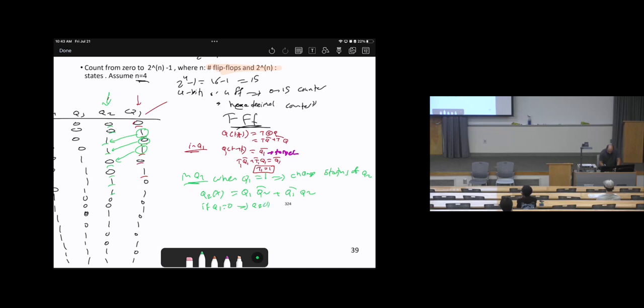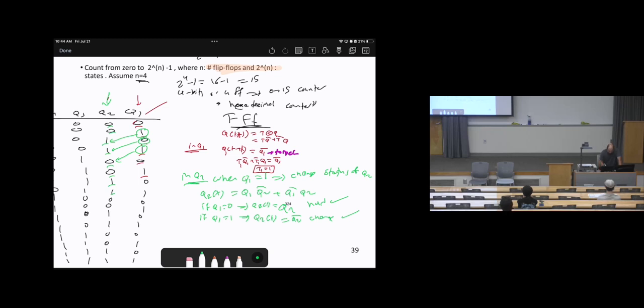Q2 of T will equal Q2, which is hold, and that's what happens. If Q1 is 1, then Q2 of T will be Q2 bar, which is change. And that's what happened, right?